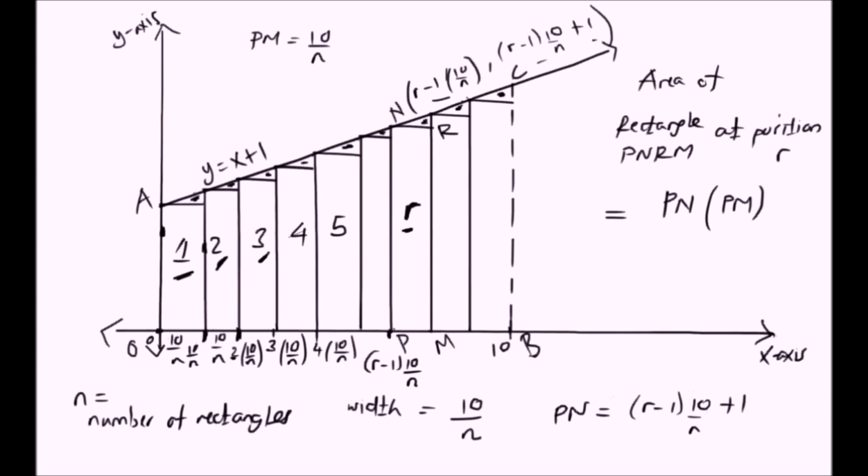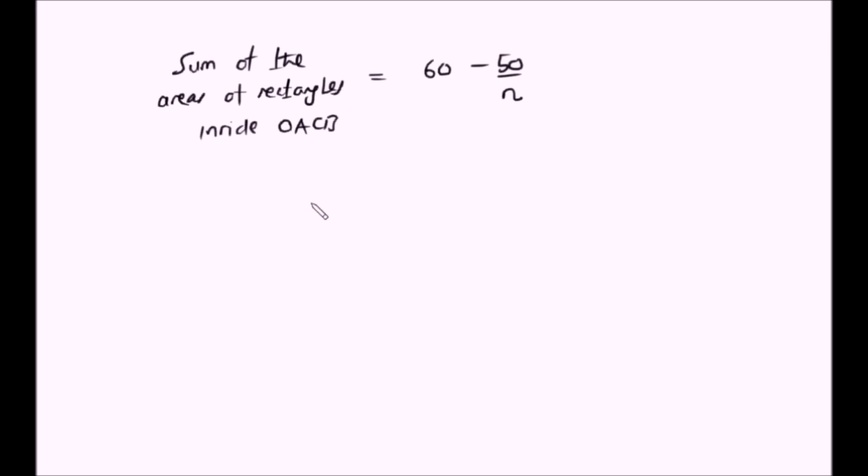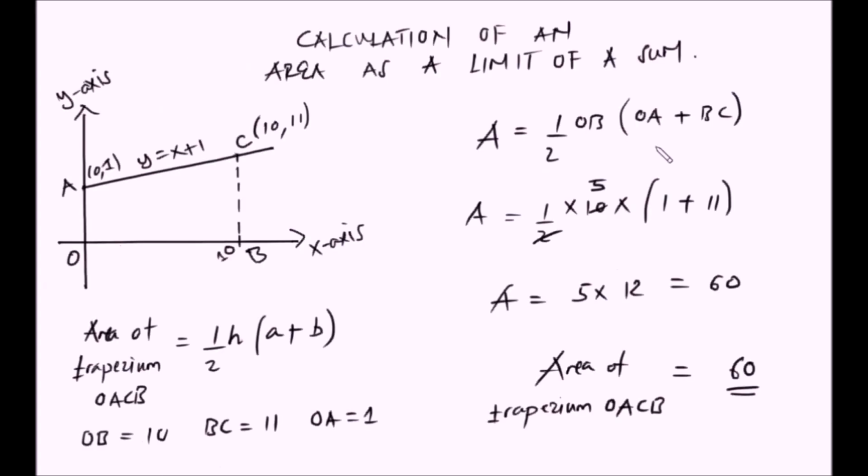So hii sum of the areas of rectangles, hii 60 minus 50 over n is actually less than the area of the trapezium OACB. Ambayo ilikuwa ni ngapi? Remember tulivyoipata pale mwanzo? Tulipata 60. Remember? Let me just show you. Here, remember tulivyofanya njia ya kawaida we got 60. Okay? So, the sum of the areas is less, is not equal.